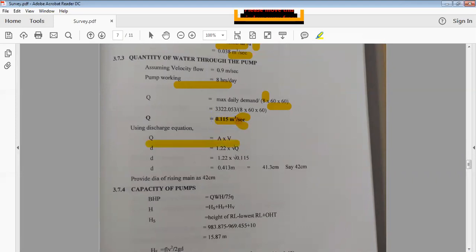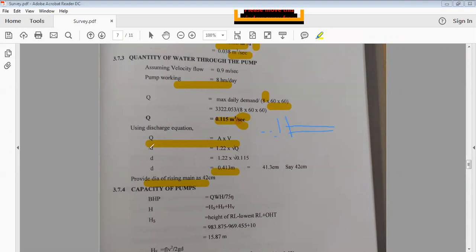So many fluid mechanics concepts come in here. Using this, we try to find out the diameter of the pipe required, starting from the rising main. What does rising main mean? From the intake structure, the first pipe we install, we call the rising main, from the intake structure that we build inside the river.